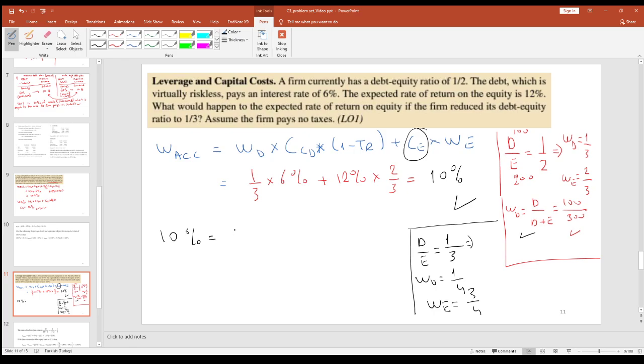So 10% is equal to weight of debt is 1 to 4 times cost of debt will remain the same as we understood from the problem, 6% plus cost of equity times 3 to 4. And from here, you can calculate cost of equity from this equation as 11.33%. All right, and this is done.